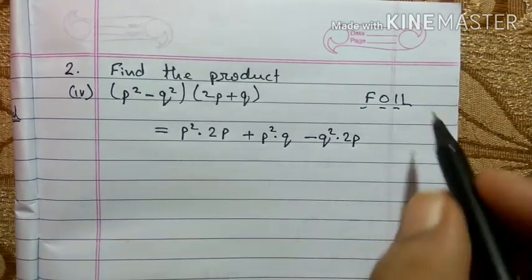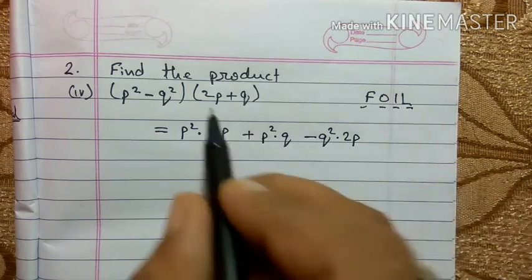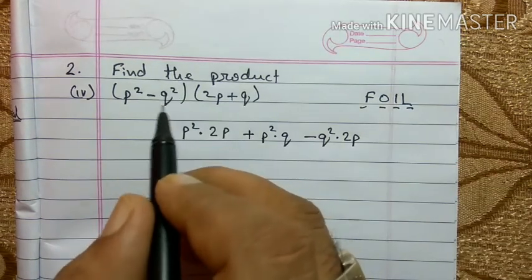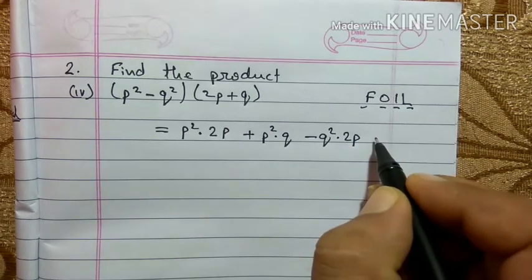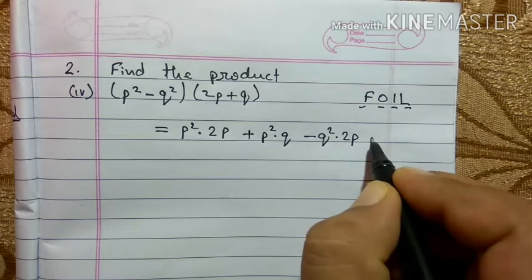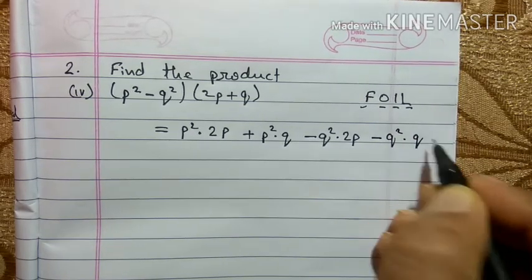Okay, and now the last. L is the last, and the last is minus q square and plus q. So we will do plus minus minus, the sign is minus, q square multiplied by q.